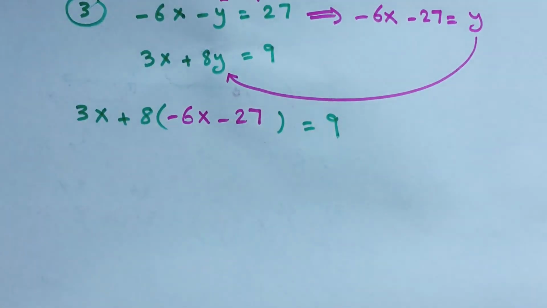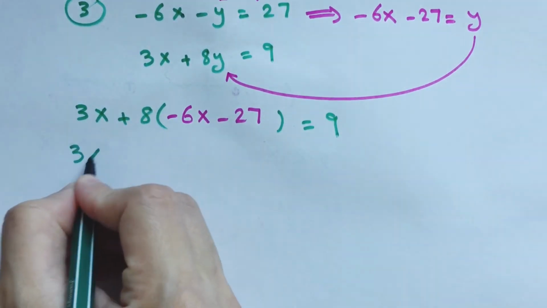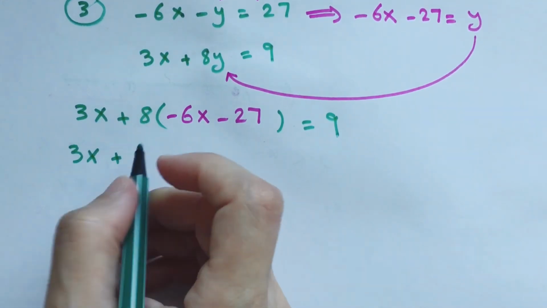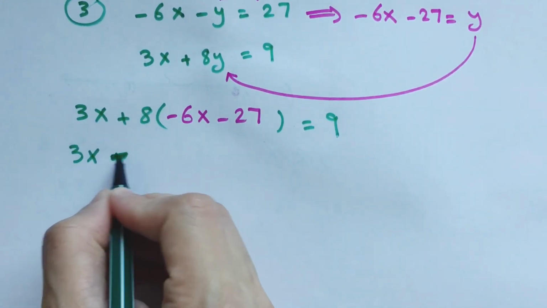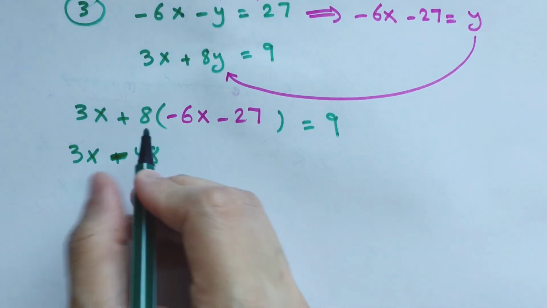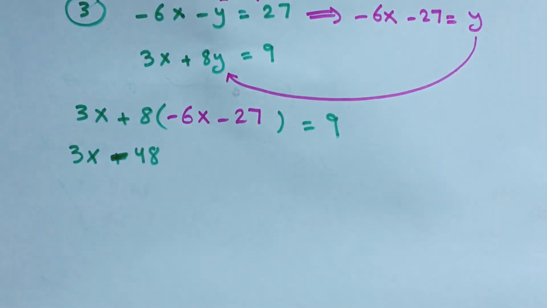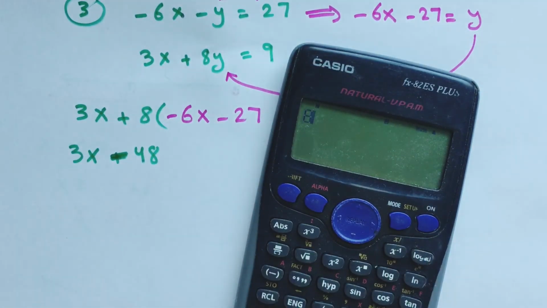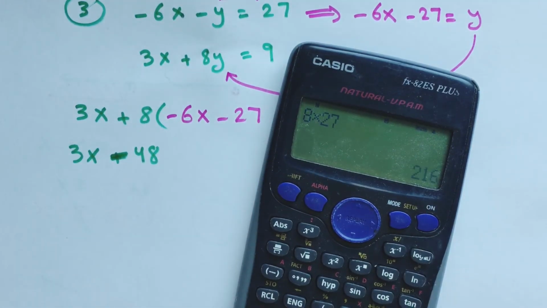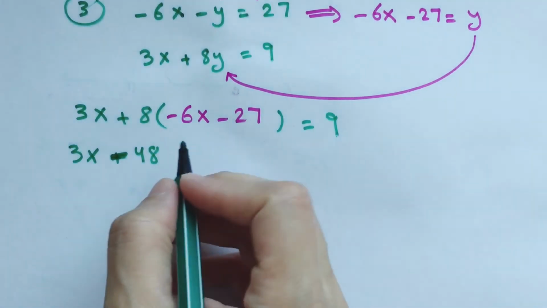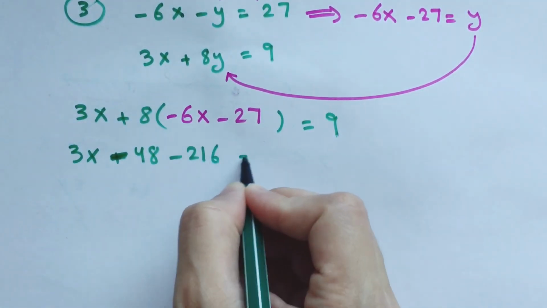Now let's open the bracket, so we have 3x plus 8 times negative 6, it will be negative 48. 8 times 27, let's see. 8 times 27 will be 216, so it will be negative 216 equals 9.